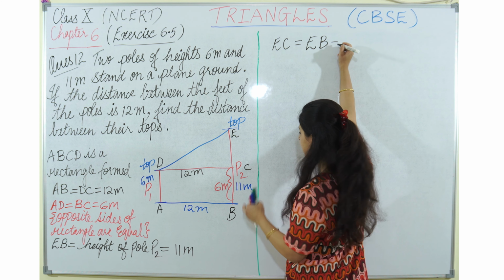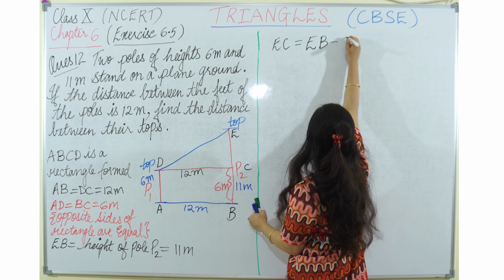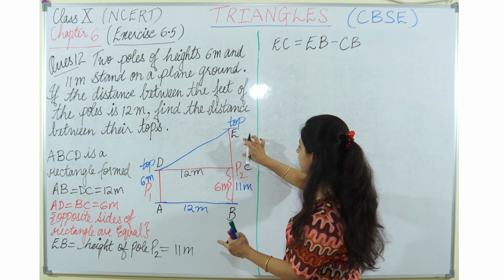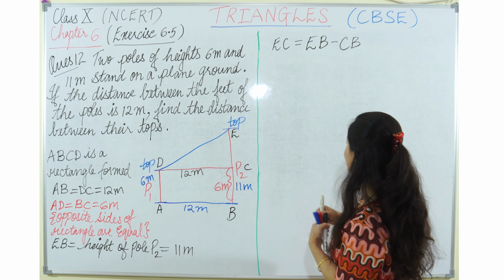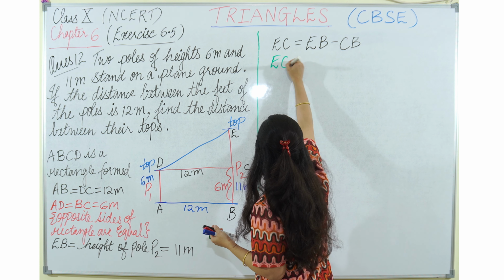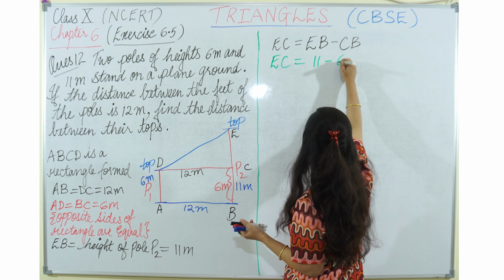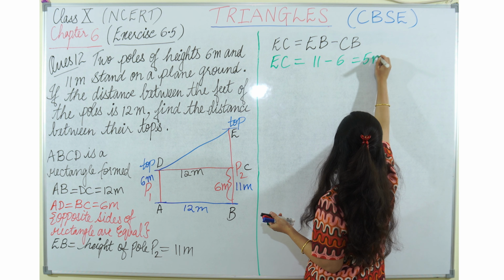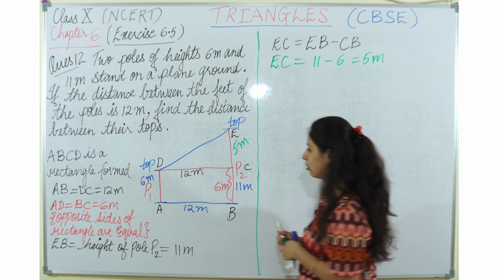So EC comes out to be 11 minus 6, which is equal to 5 meters. So this comes out to be 5 meters, my height.